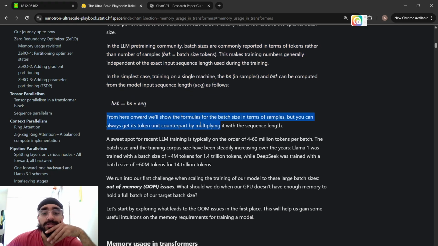From here onward, we'll show the formulas for batch size in terms of batch size in terms of samples. So they're assuming that the number of tokens per sample is constant.